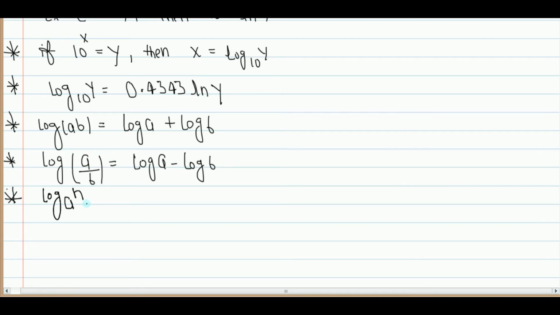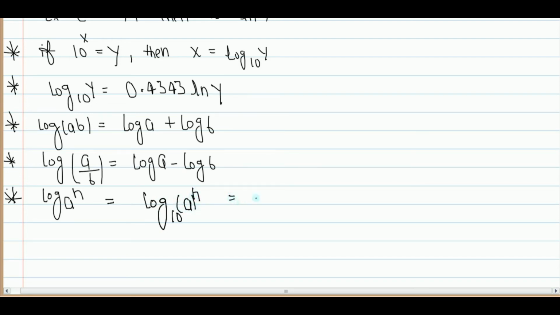Similarly, if we are not writing the log base, then the default log base will be 10. Since the base is not being written, we can write it as log base 10 of a to the power n.